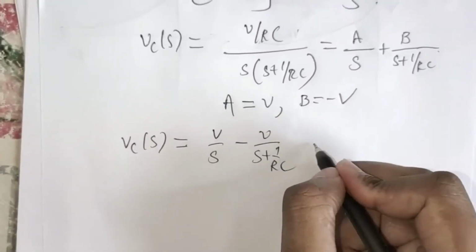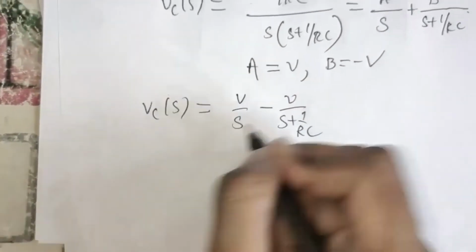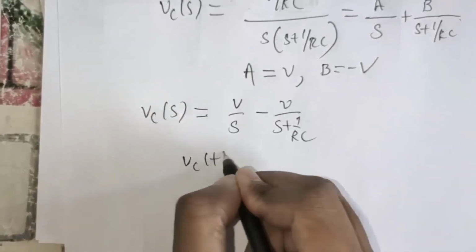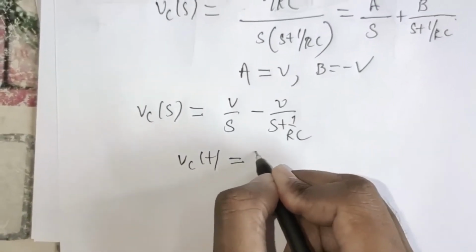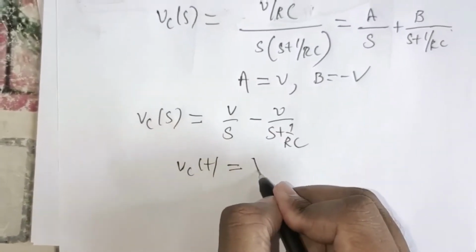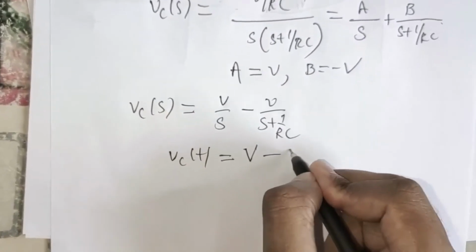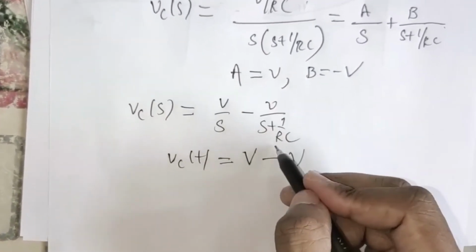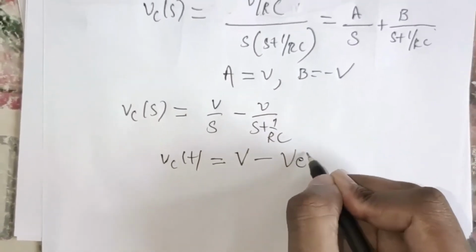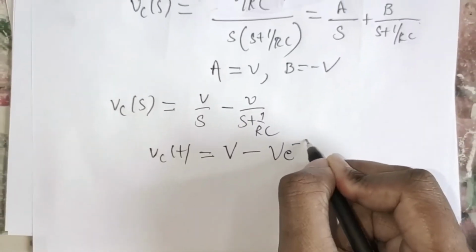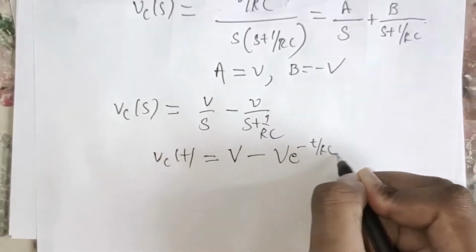On applying inverse Laplace transform, we get Vc of t is equal to, inverse Laplace of 1 by S is 1, so V, minus inverse Laplace of 1 by S plus a, which is e power minus at, that is e power minus t by RC.